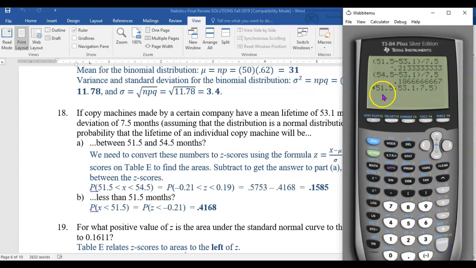So when I paste that in, it looks like this. Hit enter, and it gives me an answer of 0.4155. That's not exactly the same as you get on the table, because doing it the table way involves rounding the z, and you get a little bit of round off error, but it's really close. And so I would accept either one of these answers.